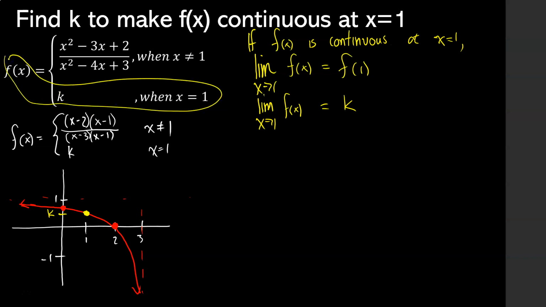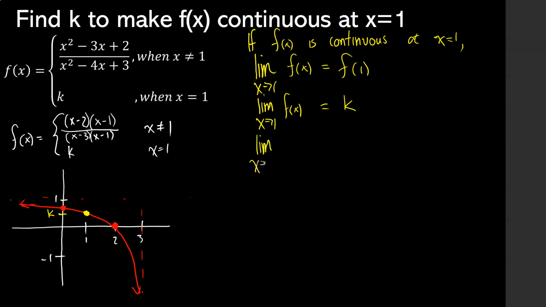I'm going to imagine doing a numerical limit to evaluate the limit as x approaches 1 of f, but I'm going to use a slightly easier format, the factored form. And we still need it to equal k.